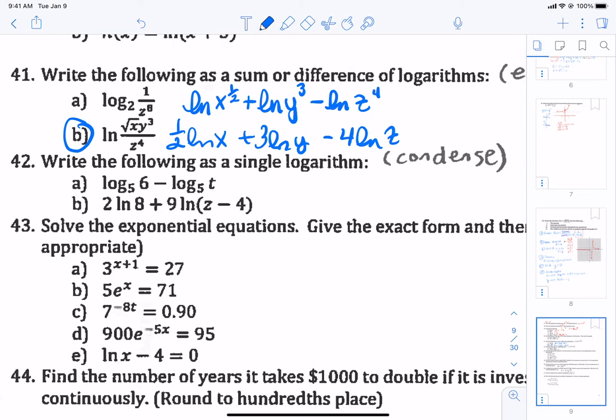Now, for 42, we're going to go the opposite direction. We're going to put the powers back on. Any pluses are going to become multiplication. Any minuses are going to become division. So let's do 42b. First thing you want to do is put the powers back on.